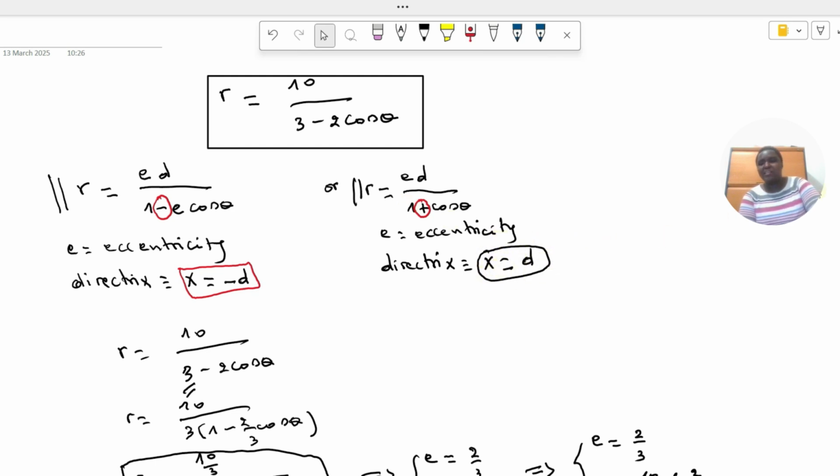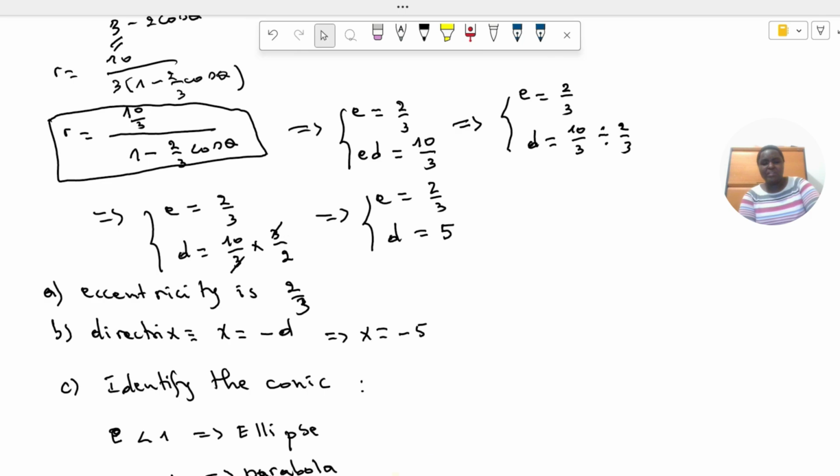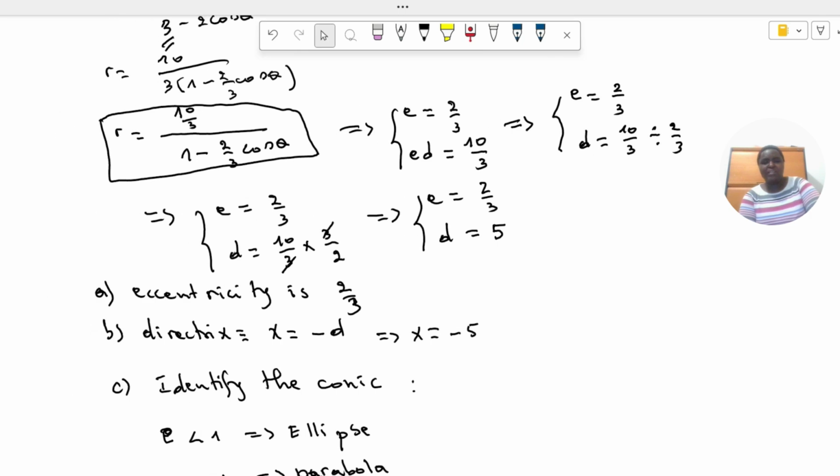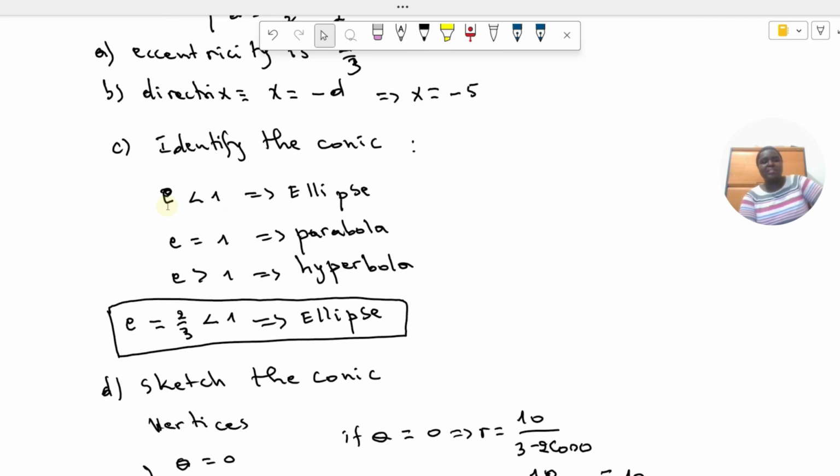And the other thing that you have to keep in your mind is that to identify the form of the conic, when the eccentricity is less than 1, we have an ellipse, and when the eccentricity is equal to 1, we have a parabola, and when the eccentricity is greater than 1, we have the hyperbola.